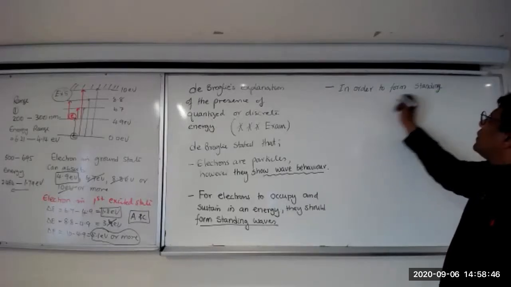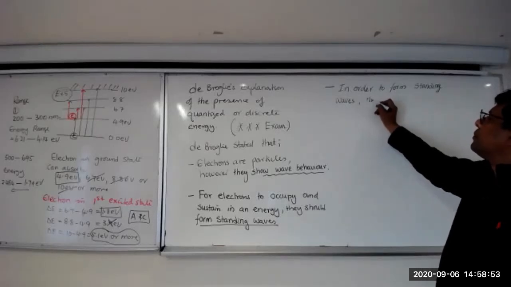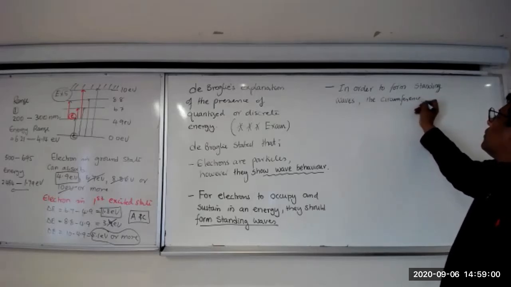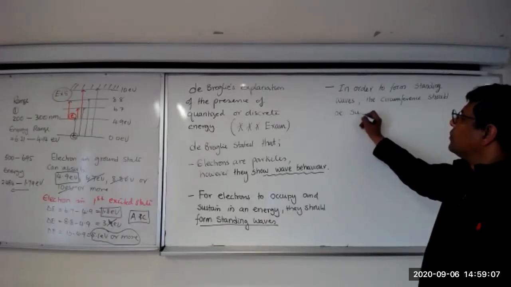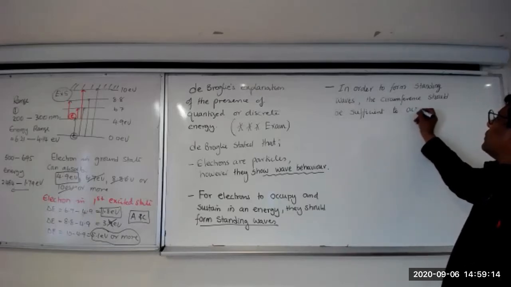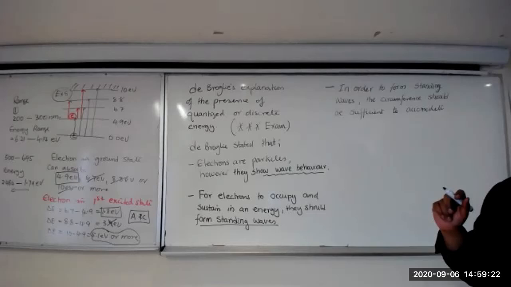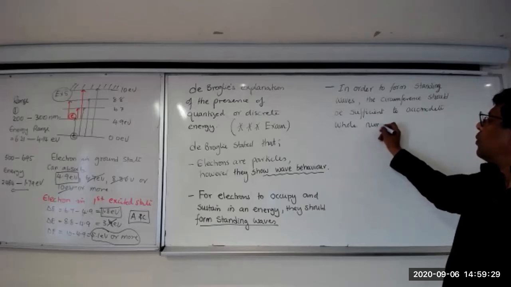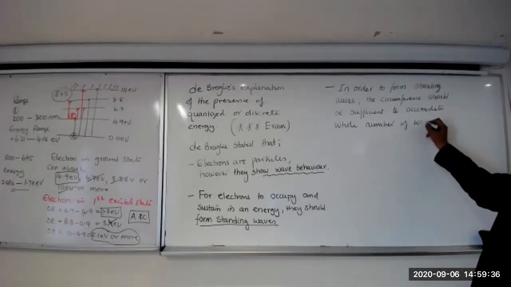In order to form standing waves, the circumference should be large enough, should be sufficient to accommodate a whole number of full wavelengths, or integral number of wavelengths.